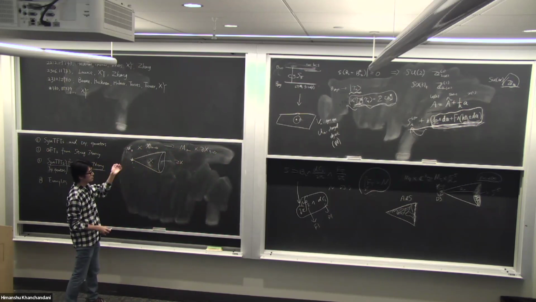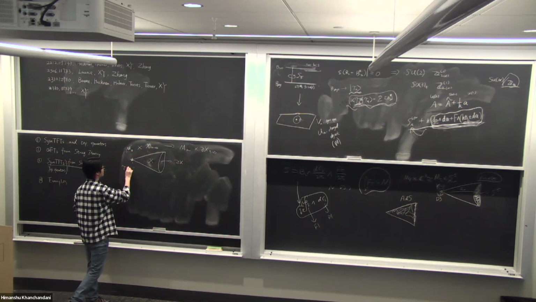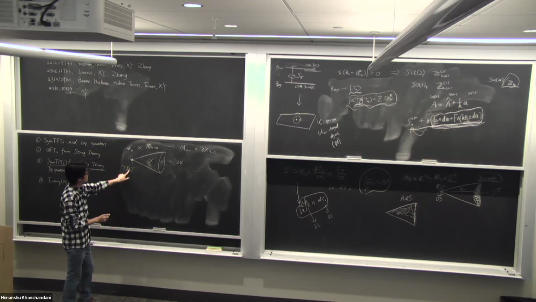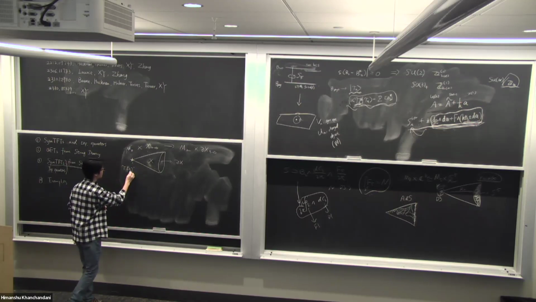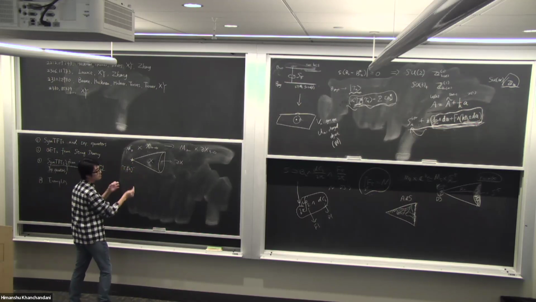You will have some QFT here, the QFT defined on M_d. You can write the theory as something like this. So this is the QFT associated with the internal geometry X. This is called geometric engineering.